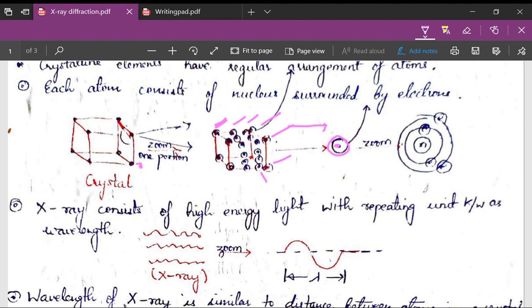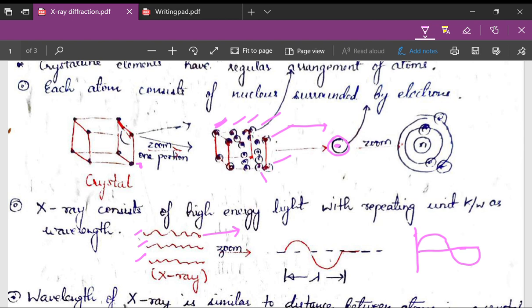So X-ray is high energy light. This is X-ray. These are X-rays. This is of high energy light. And when we enlarge this high energy ray, then we can see this type of pattern.